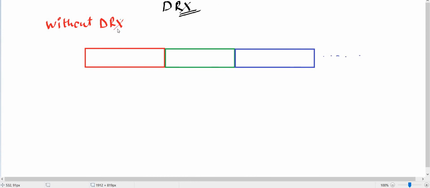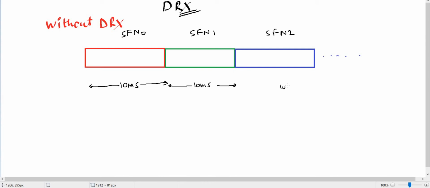This is SFN 0, that is system frame number 0. This is SFN 1 and this is SFN 2. We know the LTE radio frame is of 10 millisecond, and the next radio frame is also of 10 millisecond, and this is also of 10 millisecond.